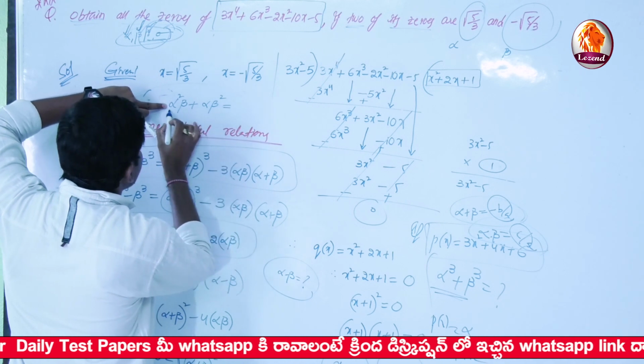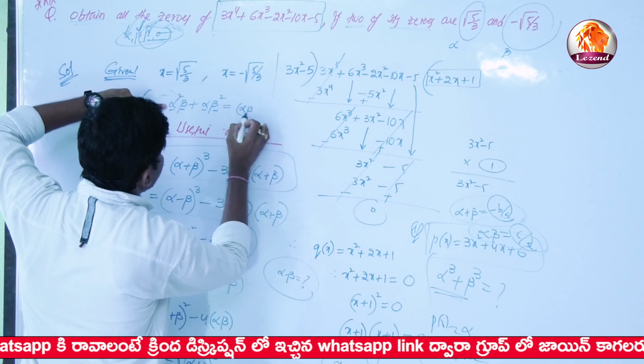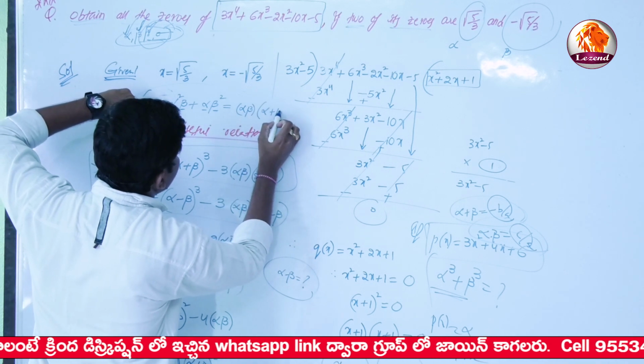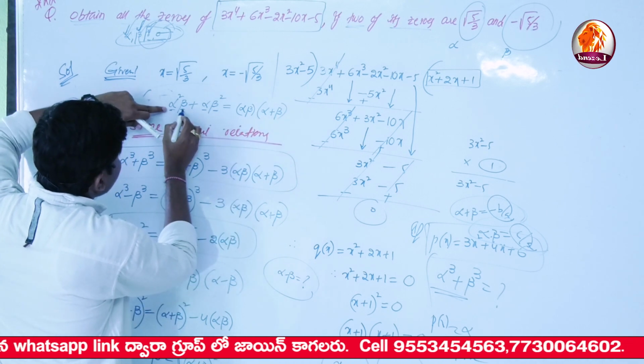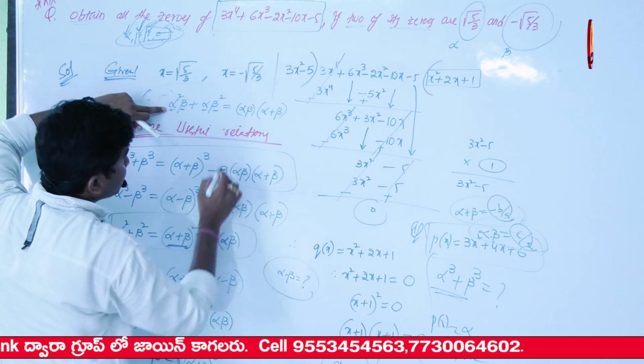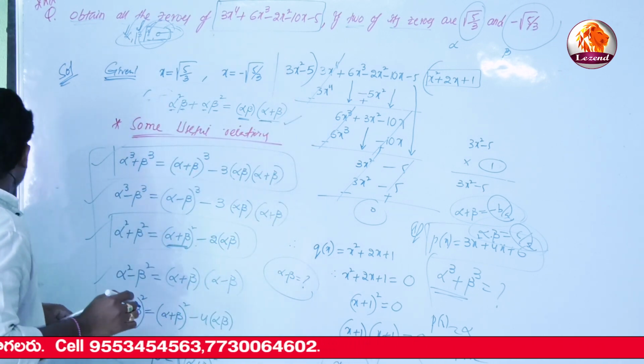Here also alpha beta, here also alpha beta. Taking alpha beta as the common factor, the remaining is alpha plus beta. So alpha beta into alpha plus beta. Now alpha beta value we know, and alpha plus beta also we know.